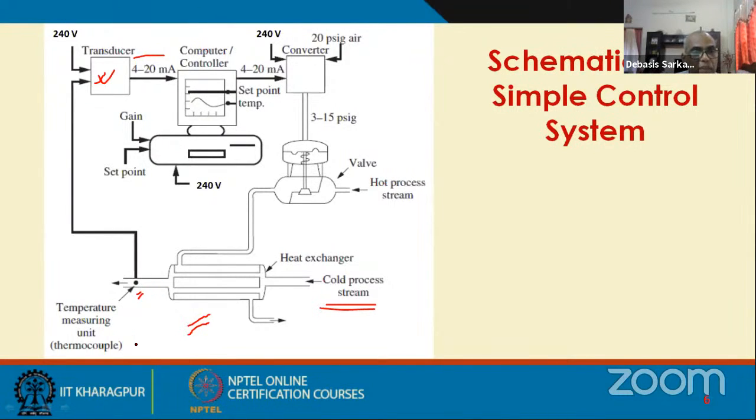So the output of the thermocouple is basically converted to an electrical signal, to a current signal in the range of 4 to 20 milliampere. Note that this 240 volt that goes as input to this transducer is basically the power requirement for this electrical unit. Now the current signal in the range of 4 to 20 milliampere is basically a linear function of this temperature.